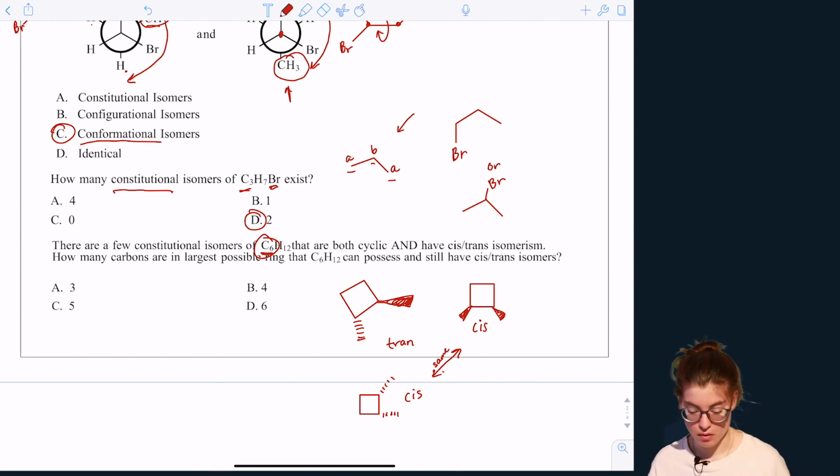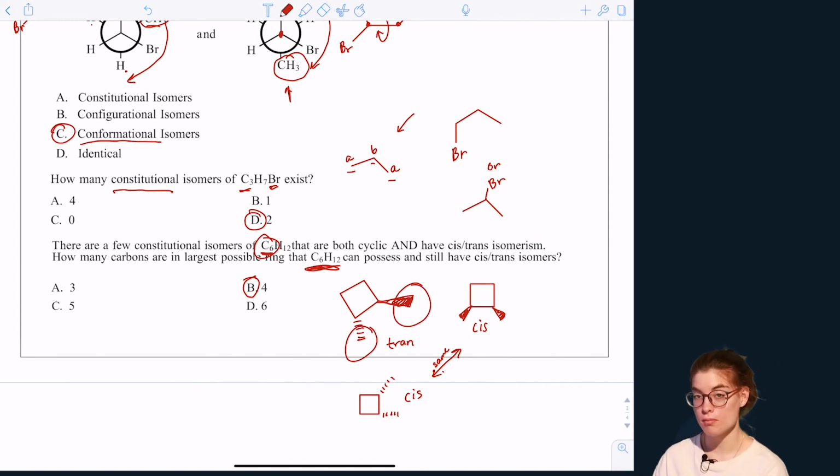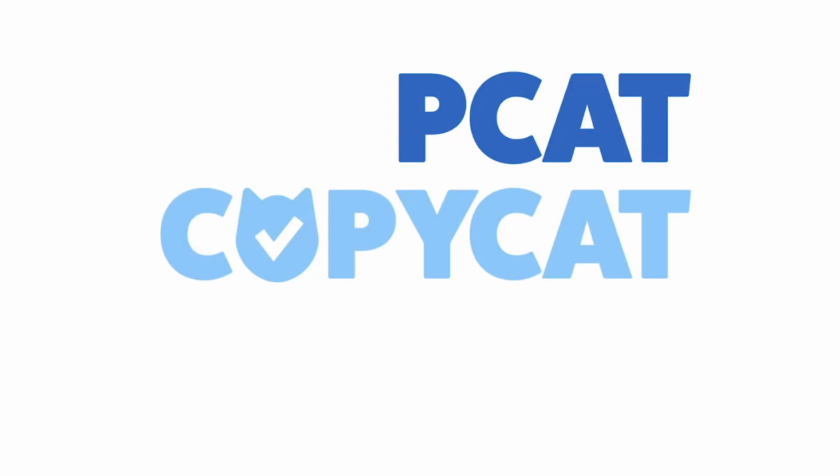Okay, they're both cis, and if you flip it, they will look like each other. So the question was, how many carbons are in the largest possible ring that a molecule with 6 carbons can possess and still have cis trans isomerism? It is 4, because we need to save at least 2 carbons for being substituents. That's it.